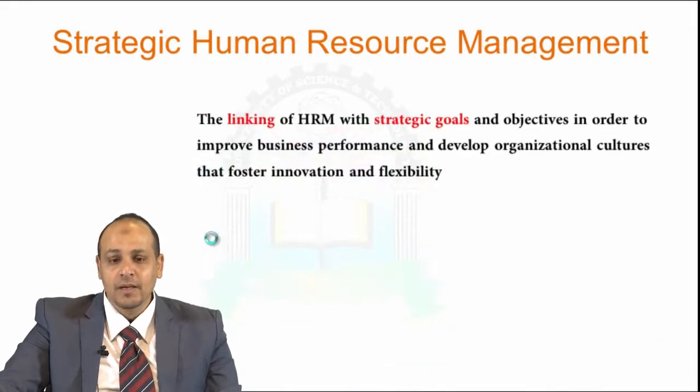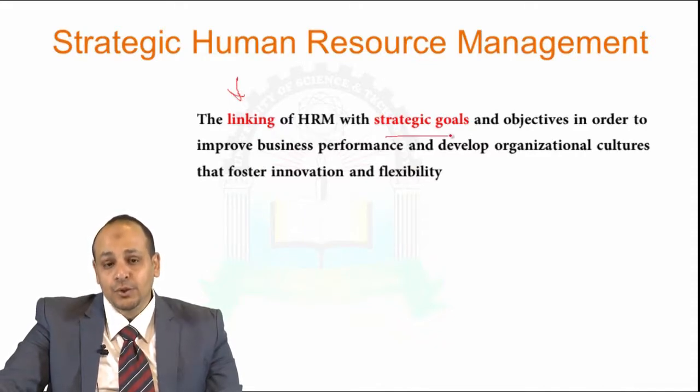As we said before, human resource management is a set of practices and functions. For example, recruiting, selecting, training, appraising, compensating. These are functions within human resource management. All these functions should help the company with its own strategic goals.